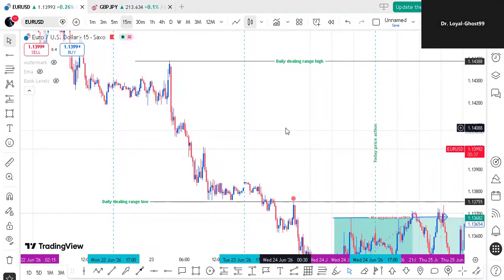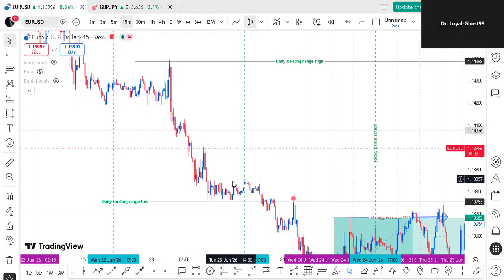Okay, so starting by explaining this setup. It started off like this: this was the daily dealing range on Tuesday, the previous day. This was Tuesday's price action. We noticed that price opened right here and closed right here, meaning this was bearish.